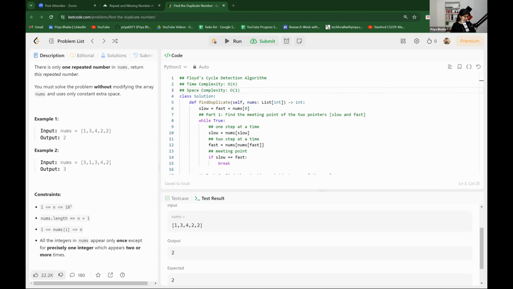How researchers develop this algorithm mathematically? Do you want to have a look or shall we move ahead? Yes.